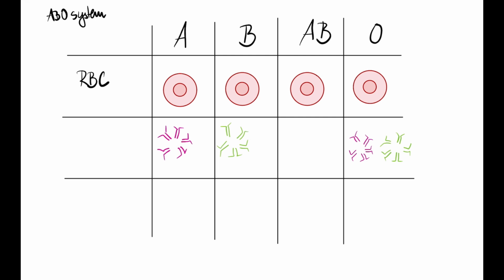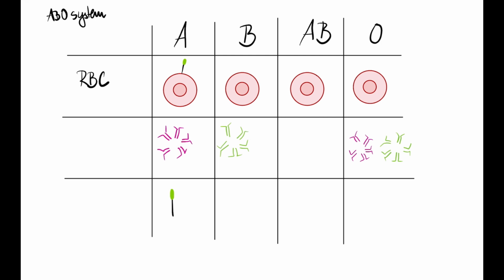So type A contains antigen that is antigen A. We will mark that with green color. So this is our antigen A. All of the red blood cells of a blood type A person have these green antigen A glycoproteins on the surface of their red blood cells.